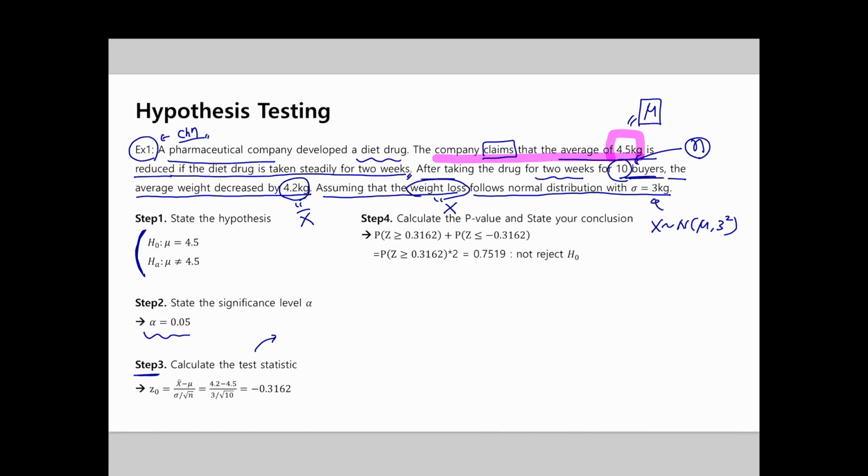In step 3, assuming the null hypothesis is true, that is under H0, we can find that X follows normal with variance 9.